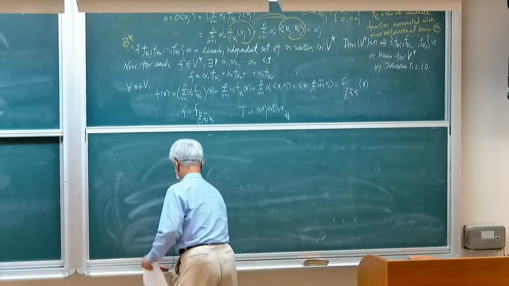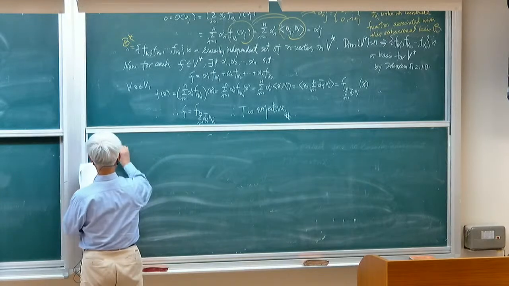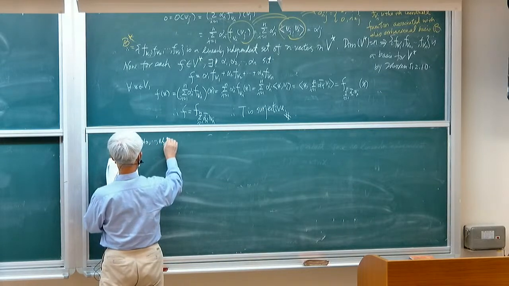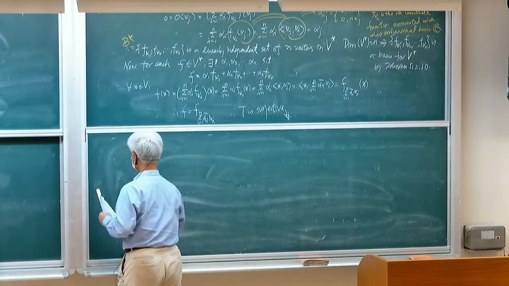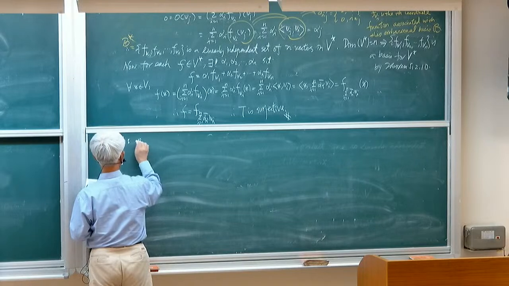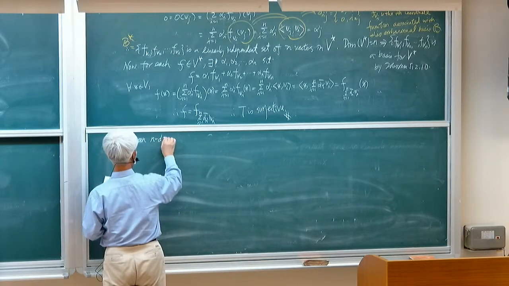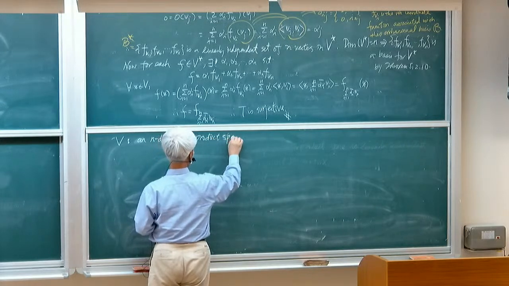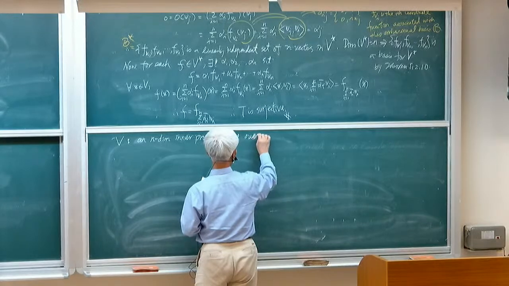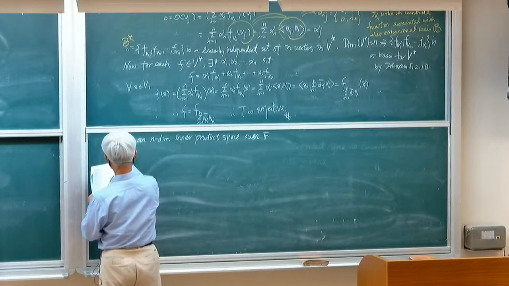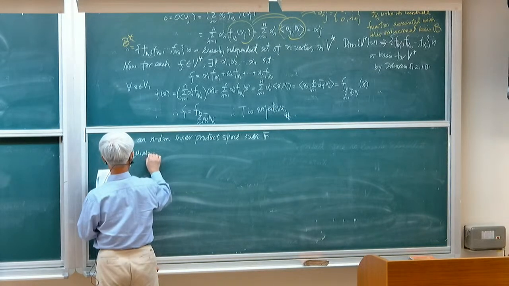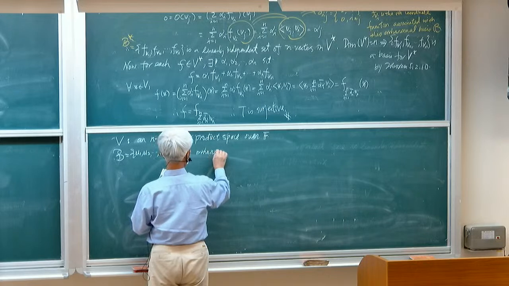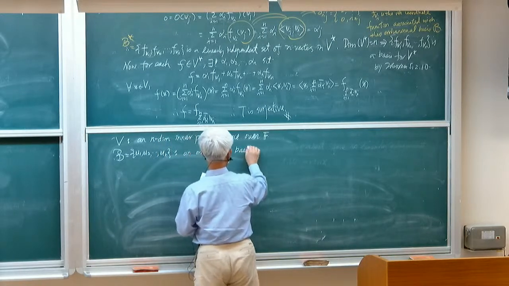So let's look at it. Suppose V is an n-dimensional inner product space over F, and B = {u1, u2, up to un} is an orthonormal basis for V.